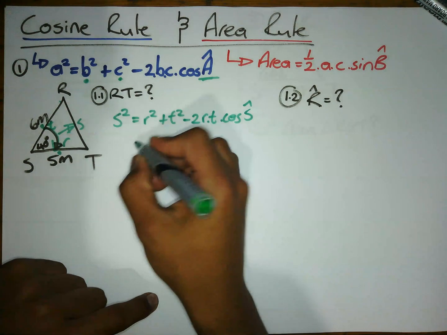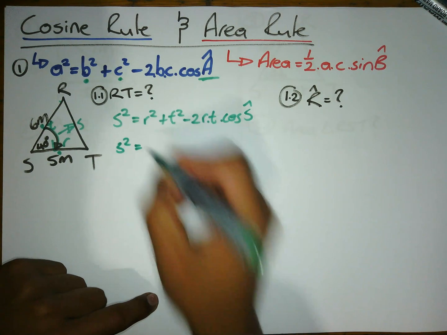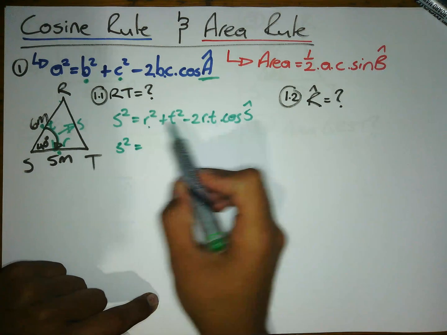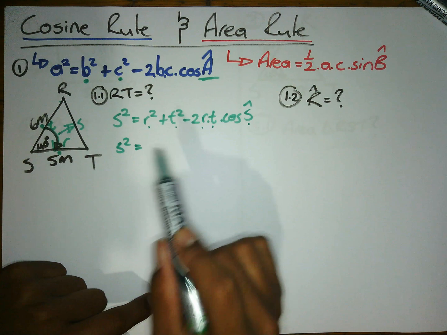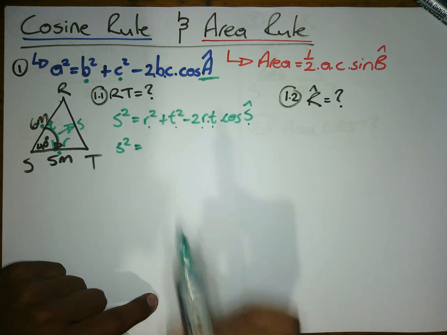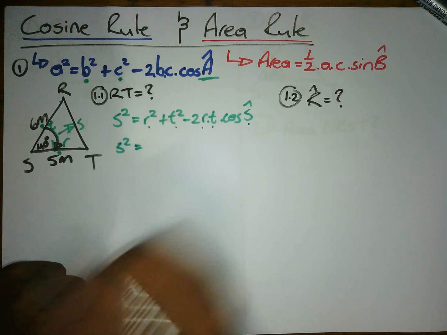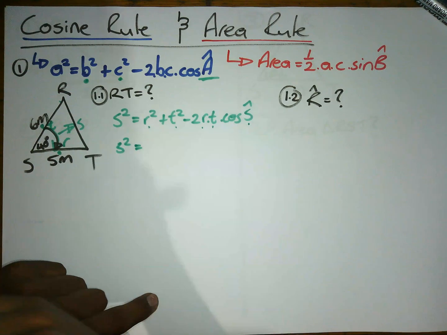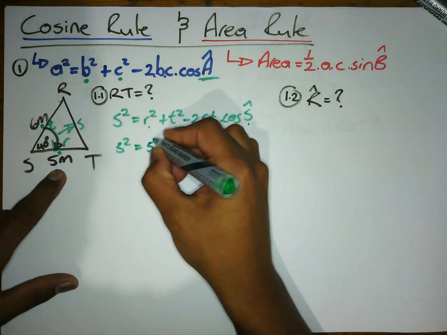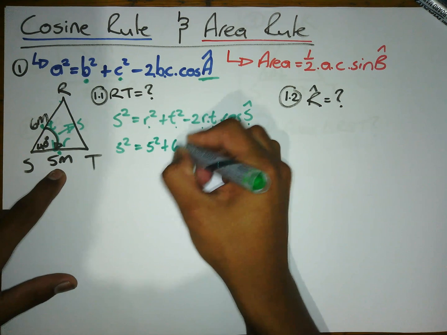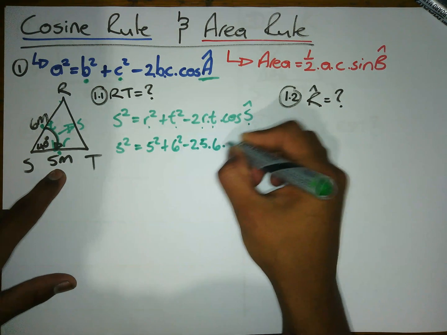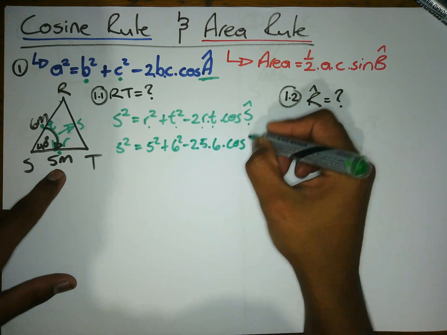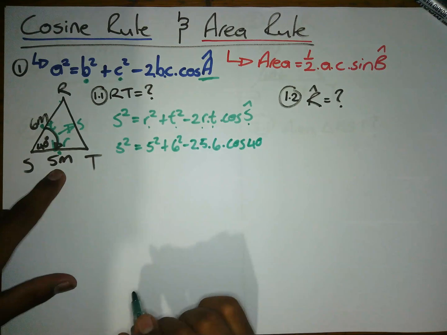Then all I have to do is substitute in, because I have all the sides that I need and my angle. I have my side, angle, side. Alright? So I substitute my small r, which is 5 squared plus 6 squared minus 2 times 5 times 6 times cos of angle 40 degrees.